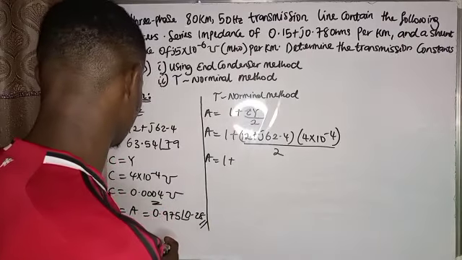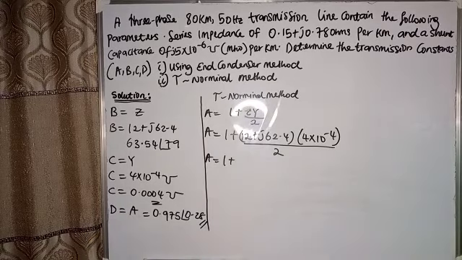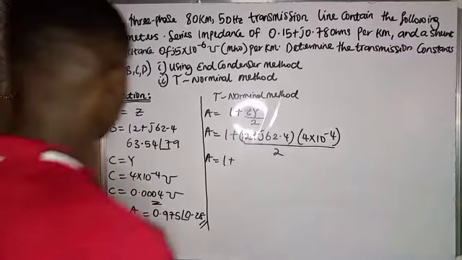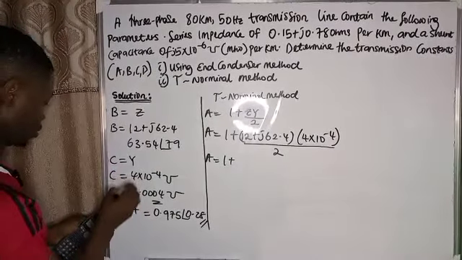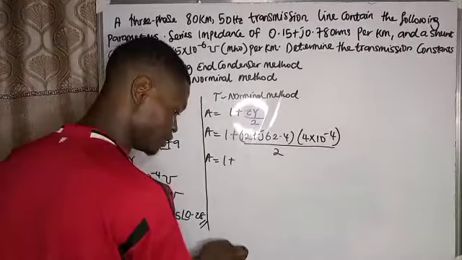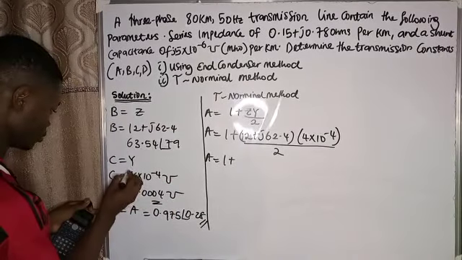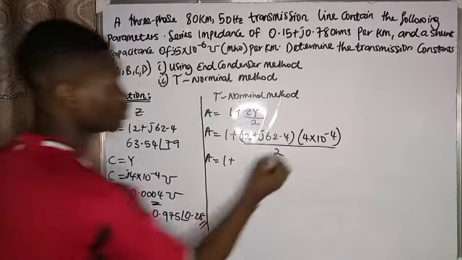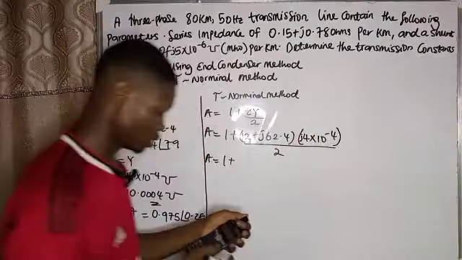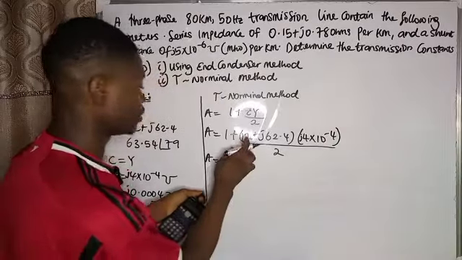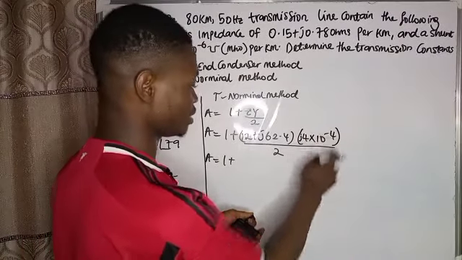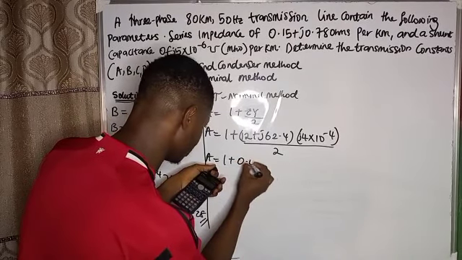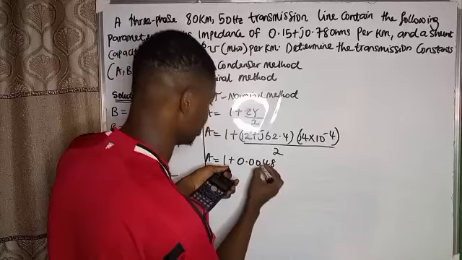Remember that this thing is J. So this one has J. So we are going to have 12 times J 4 times 10 raised to power minus 4, this will give me, let me convert it, 0.0048.